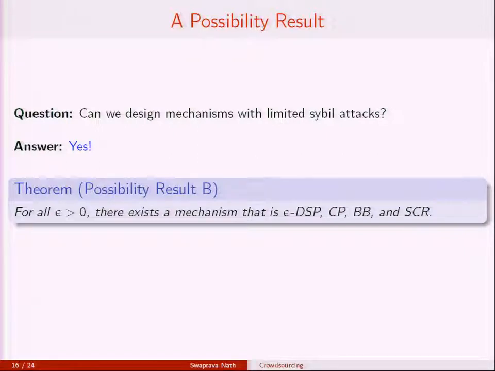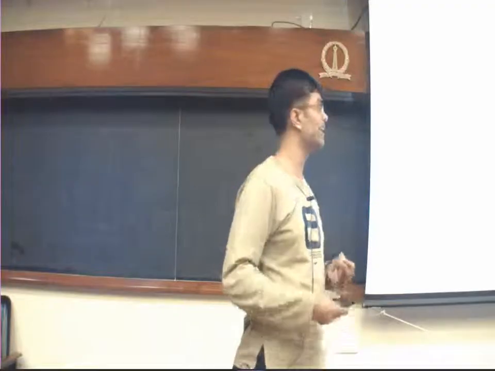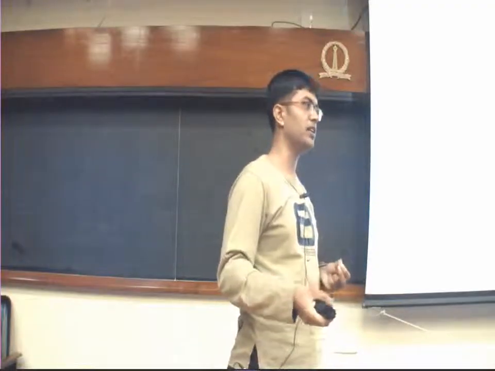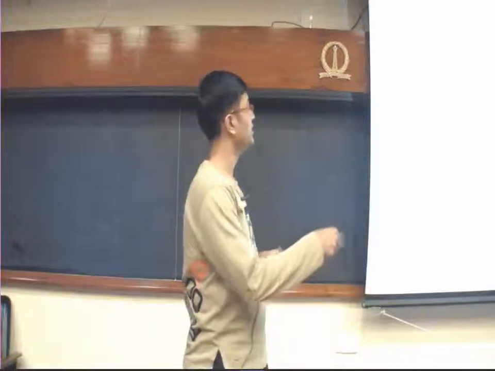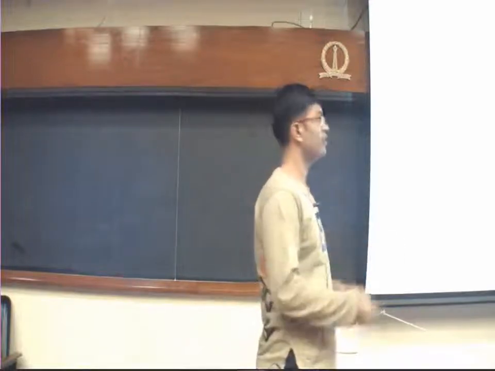Now there are lots of mechanisms, and which one to pick depends on what your goals are. So we pointed out 2 specific goals. First, there should be a specific incentive for task forwarding. If my child gets M amount of money, I, as his recruiter, should get at least delta times M. That is what the delta SCR property says. The second property is the incentive for task execution.